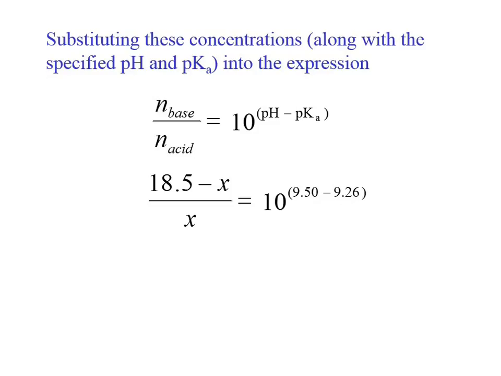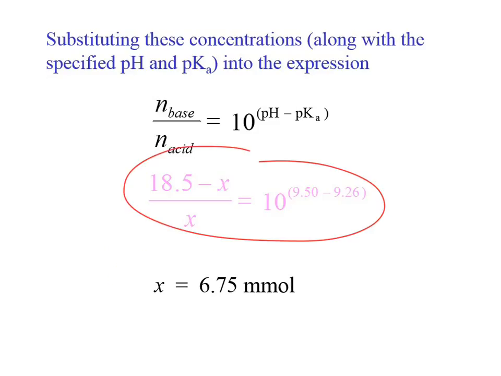Now, I only go to the answer. There are a few steps, algebraically, between this and this, but it's not too bad. It's just algebra. I would take 10 raised to that quantity, and then crisscross, taking that times X is equal to 18.5 minus X. I would gather my X terms.